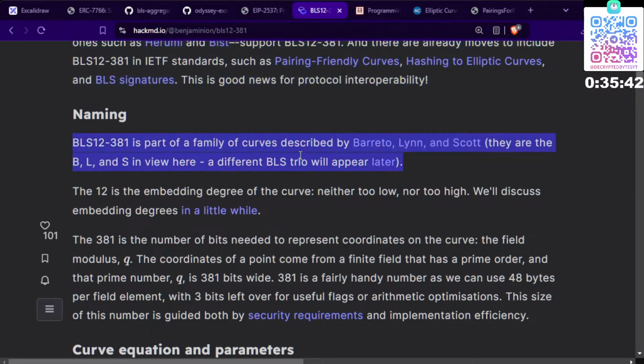Naming. BLS 12381 is part of a family of curves described by Barreto, Lynn, and Scott. They are the BLS in the name here. The different BLS trio will appear later.